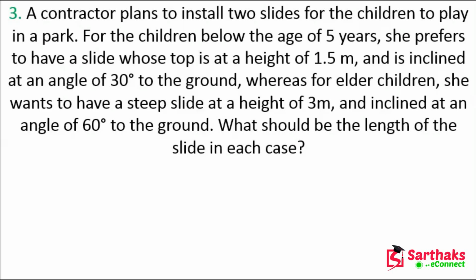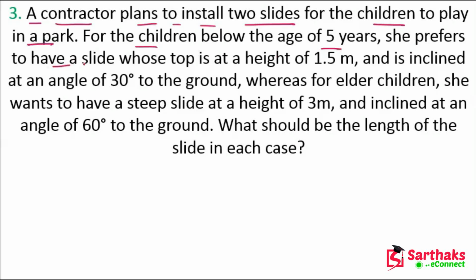So the next question is, question number 3: a contractor plans to install 2 slides for the children to play in a park. 2 slides, for the children below the age of 5 years.